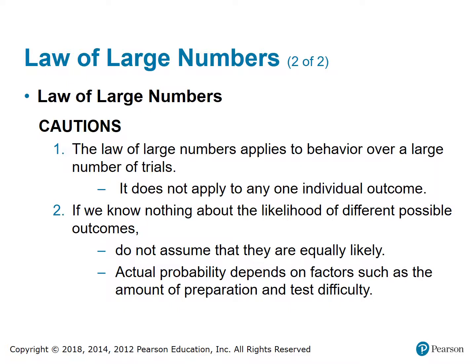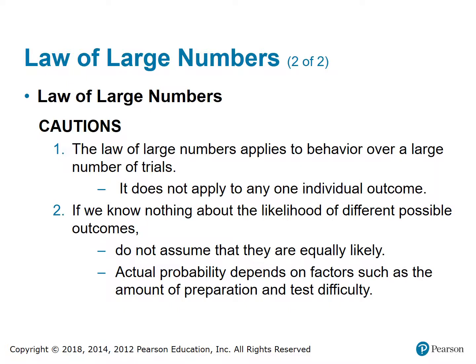All right, so once again, the law of large numbers. A few cautions. The law of large numbers applies to behavior over a large number of trials. As we saw in the demonstration, we ran through 439 trials of a virtual flipped coin, and we got to 50%.